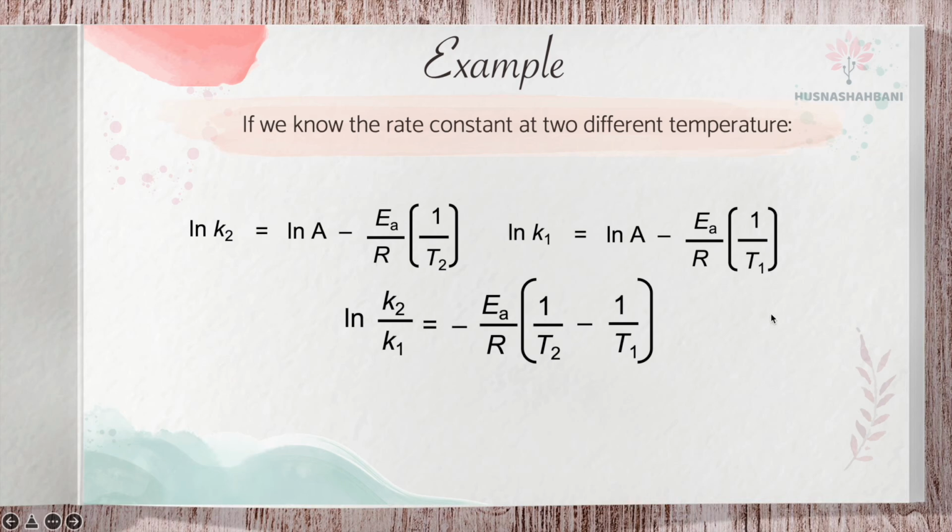Combine this, it will become ln k2 over k1 equals negative Ea over R times 1 over temperature 2 minus 1 over temperature 1. You can use this equation if you have 2 different temperatures.